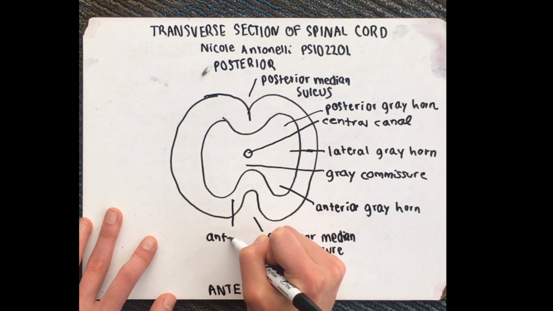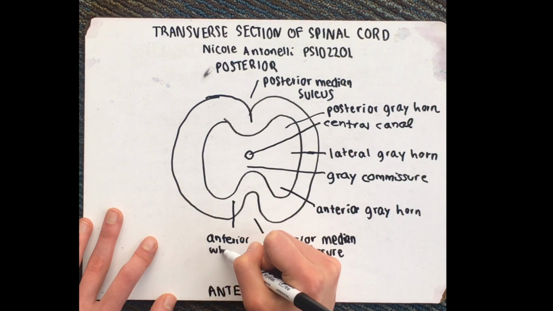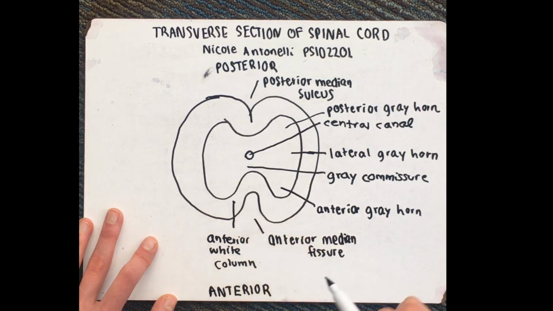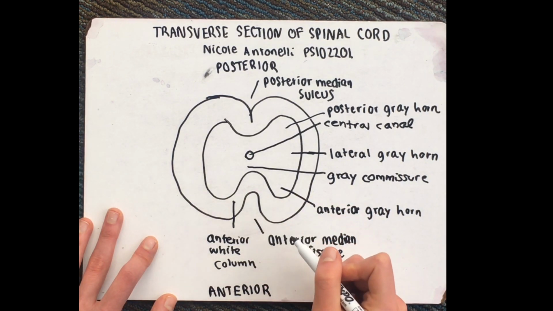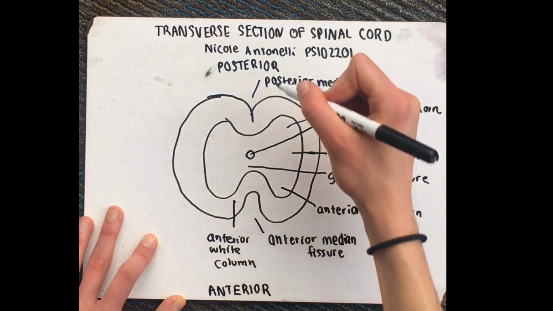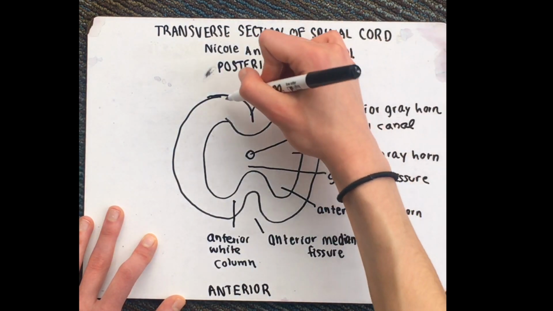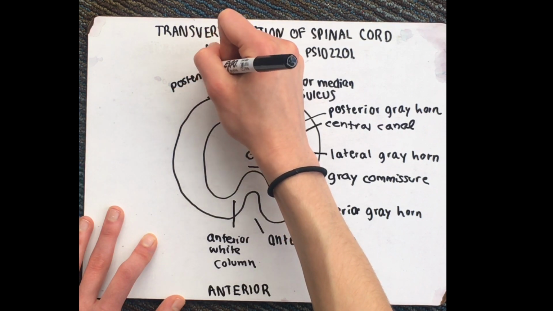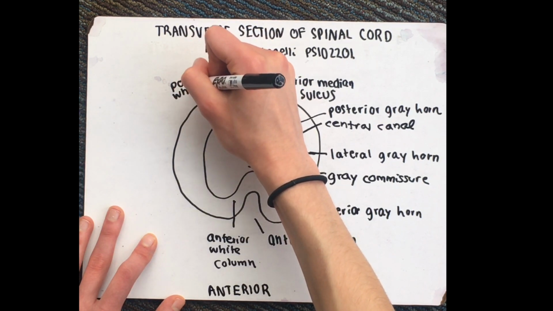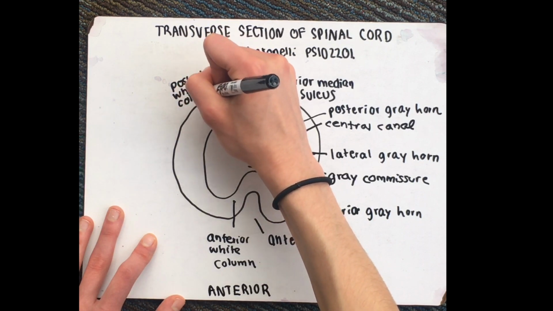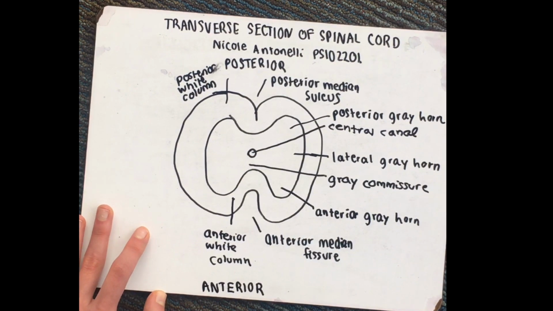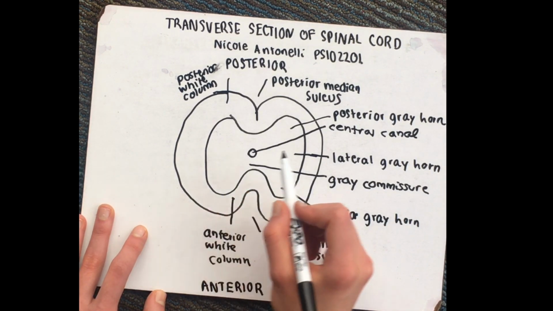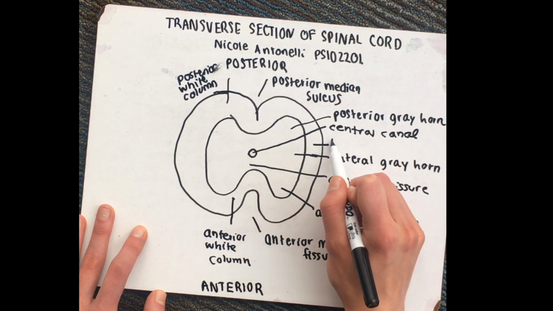We have the anterior white column, the posterior white column, and also the lateral white column.